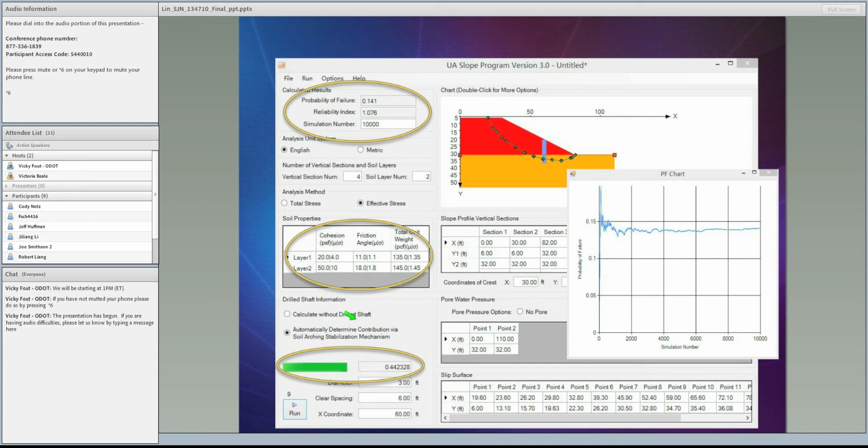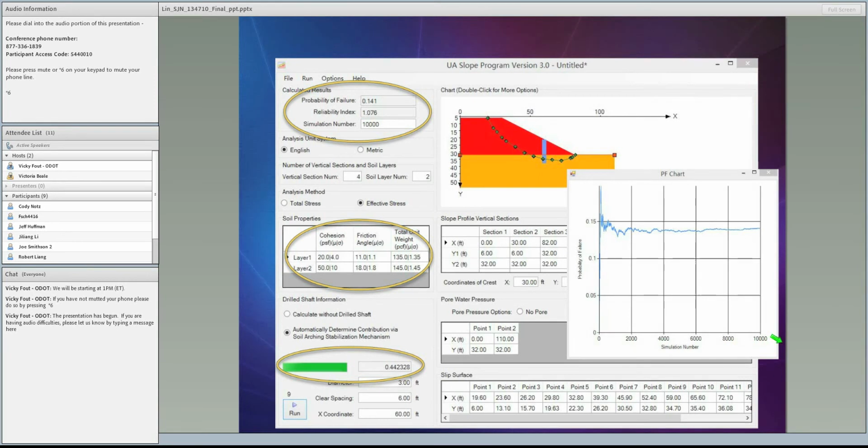And also here, after it finishes the calculation, the probability of failure chart automatically pops out. So you can clearly see the convergence of the probability of failure, or you can make a rough analysis from this. But the final value is shown here.